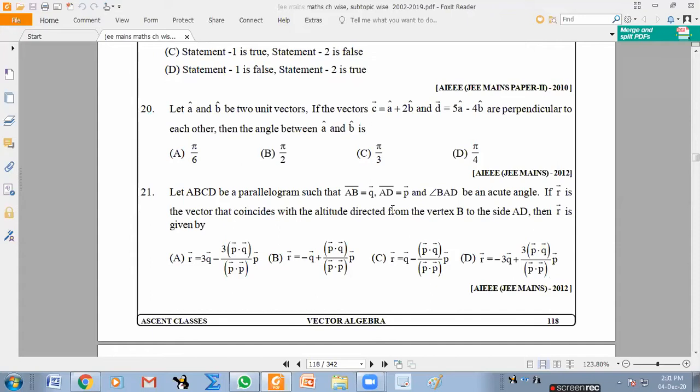21. Let ABCD be a parallelogram such that adjacent sides are P and Q, and BAD is an acute angle. If R bar is the vector that coincides with the altitude directed from B towards AD, then what is R bar? This we discussed in projection.